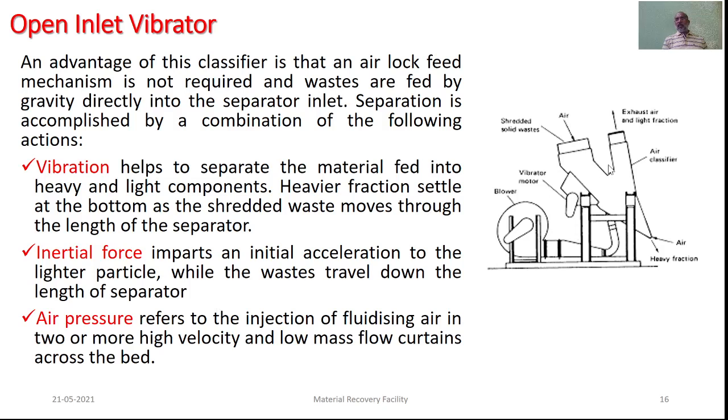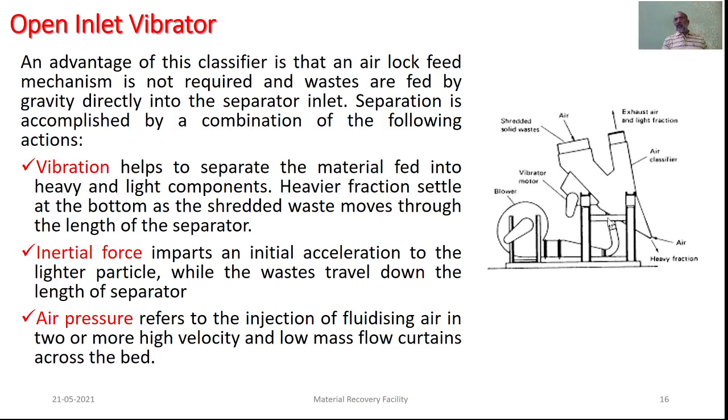So here as you see, there is a provision of a vibrator. One arm is meant for receiving the shredded solid waste, along with a movement of air current. At the lower side, there is a provision of a blower. The heavier content would simply slide down and accordingly the heavier fraction will be removed.